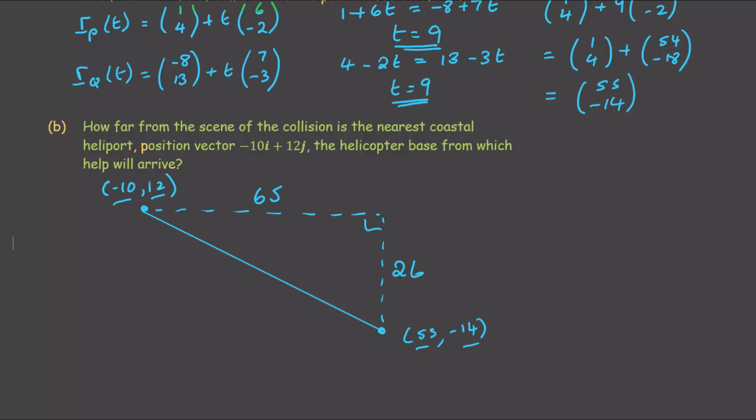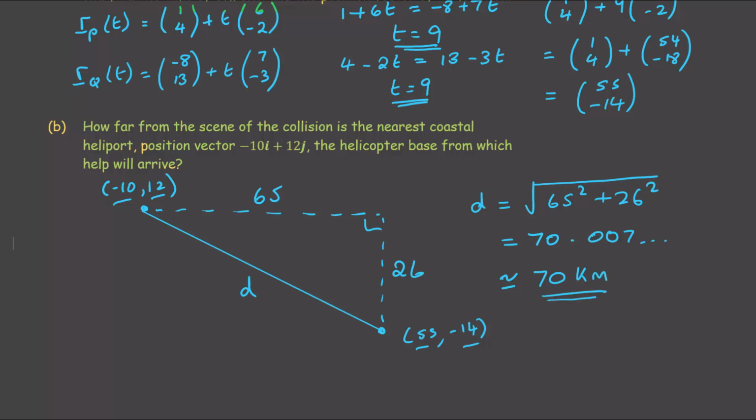This is a right angled triangle, so the distance is found using Pythagoras' theorem. So d would be the square root of 65 squared plus 26 squared, which is 70.007, and so that is approximately 70 kilometers.